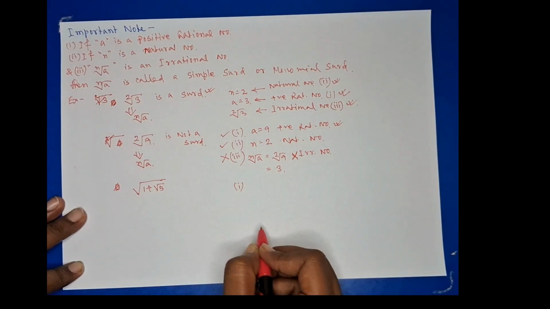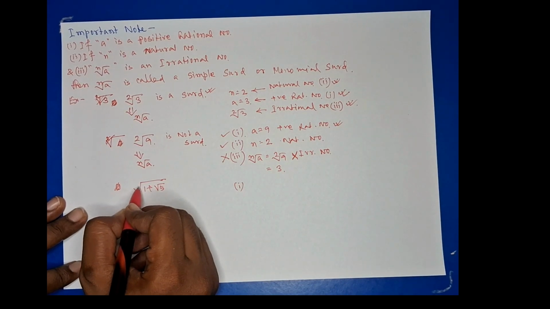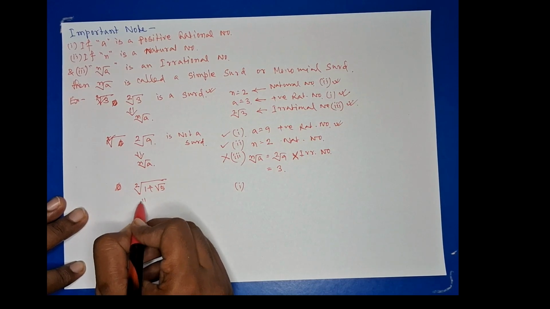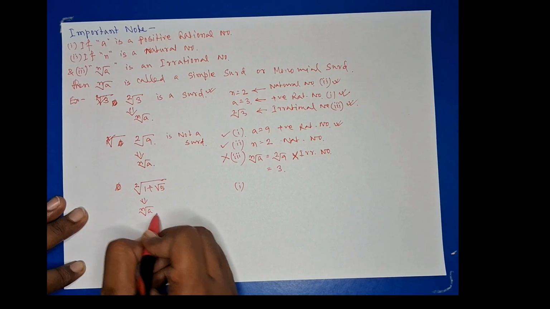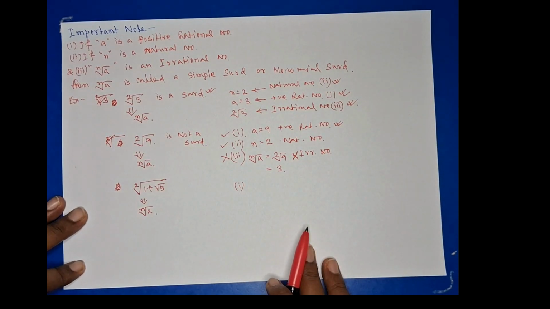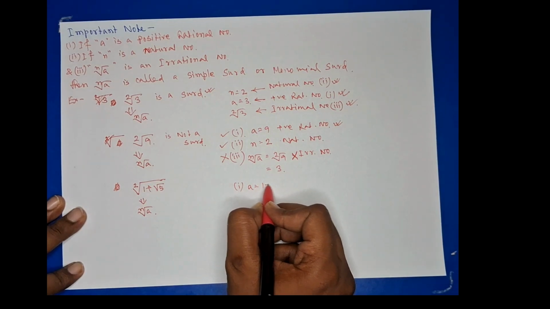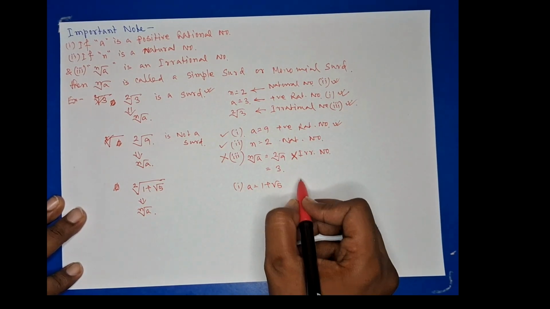What does the first condition say here? The square root of 1 plus root 5, where n is 2 here. If you compare it with nth root of a, then the first condition is a has to be a positive rational number. What is a? a is equal to 1 plus root 5. Is this a positive rational number?